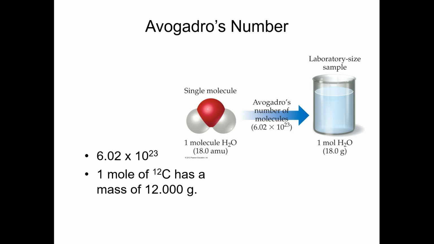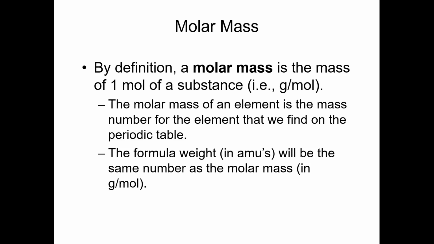And so that's what a mole is defined as. And so actually a mole of carbon-12 has a mass of 12.000 out infinitely. So by definition, the molar mass of a substance is simply the mass of one mole of that substance.